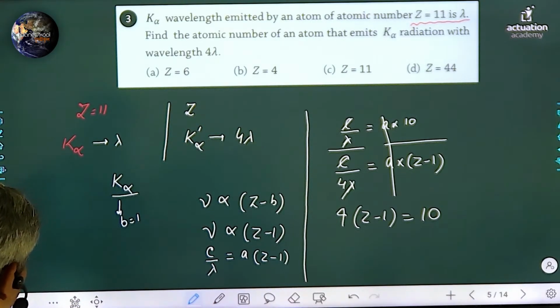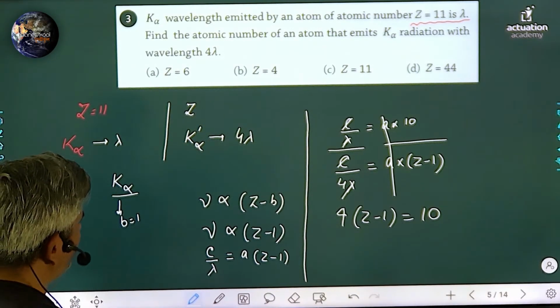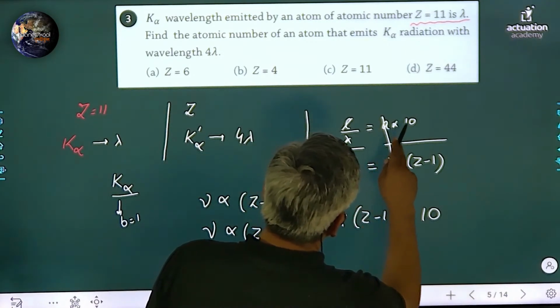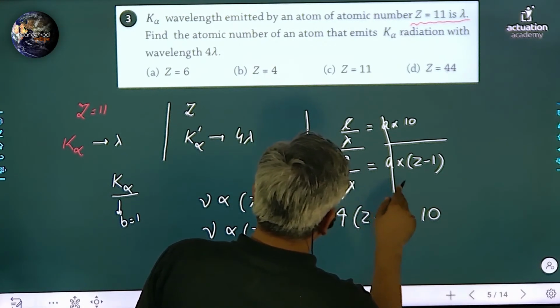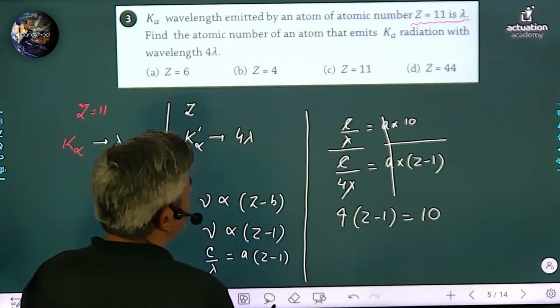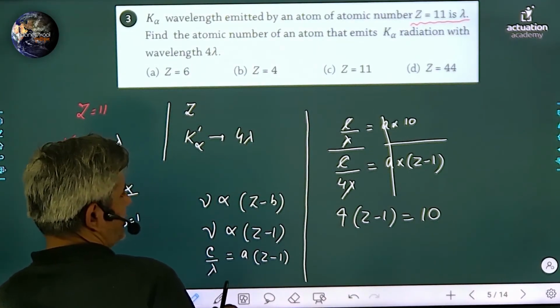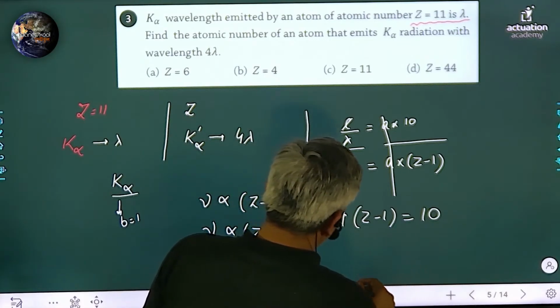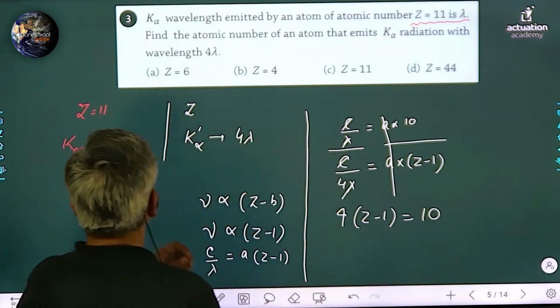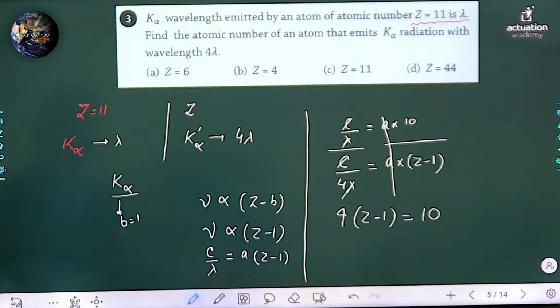So we can write A Z minus 1, and A cancels out.